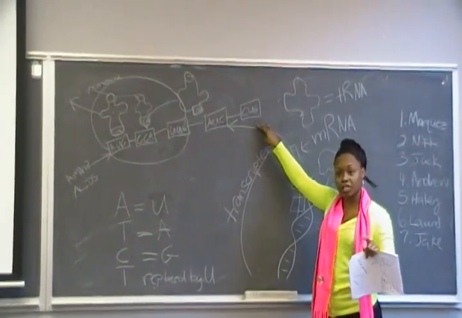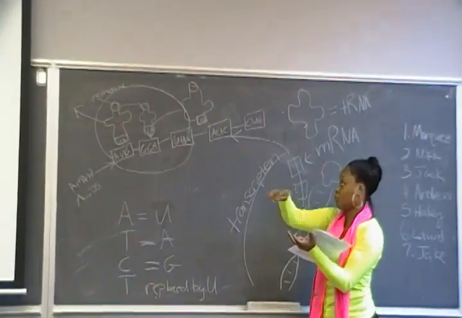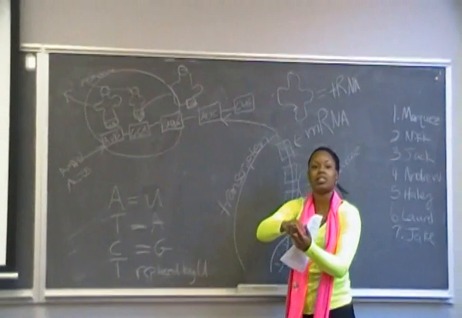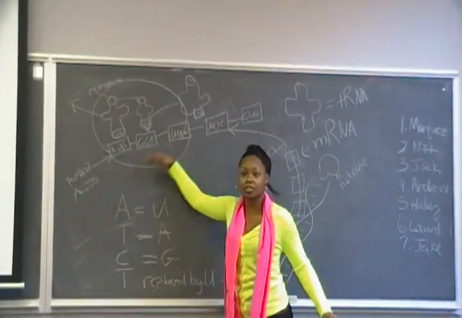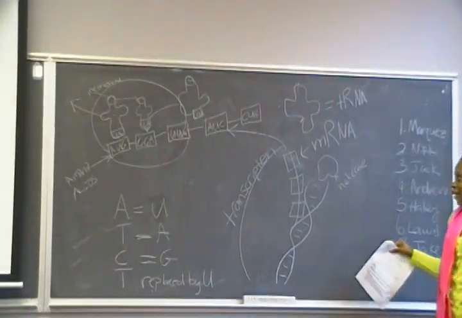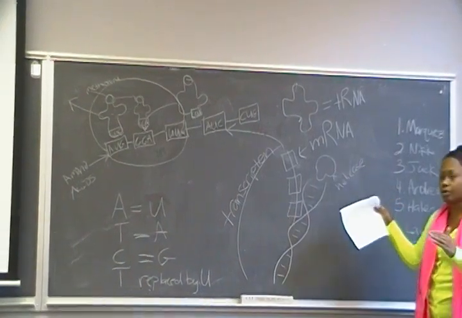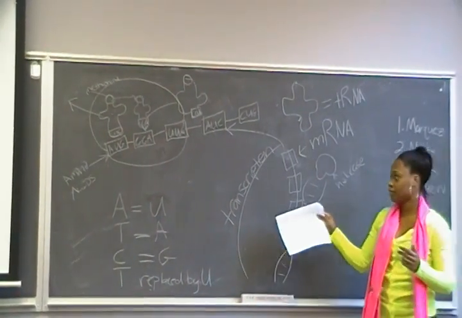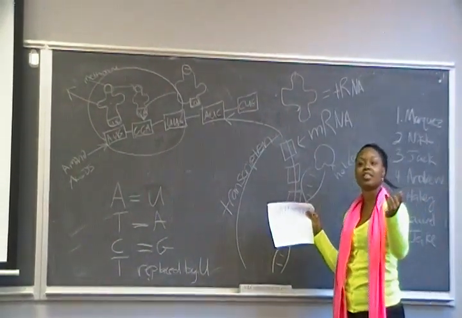Once it reaches termination, that's when the small subunit and the large subunit of the ribosome disassociate and the process is complete. And that's called translation. So, what are the two parts of RNA that has to happen? Split. Okay, split. Transcription.